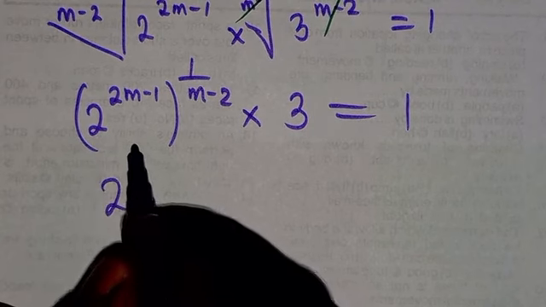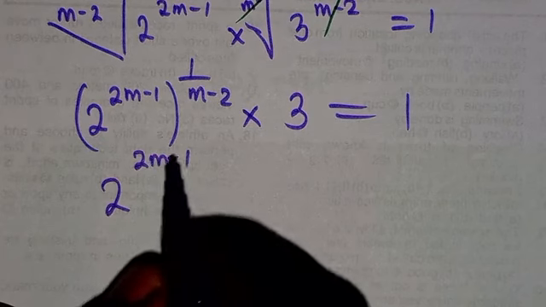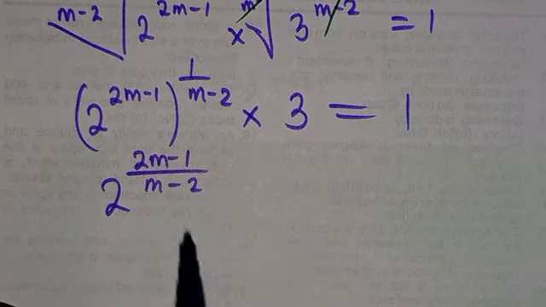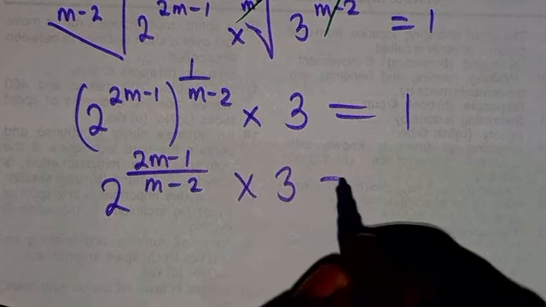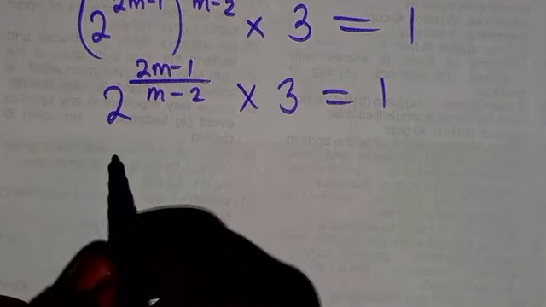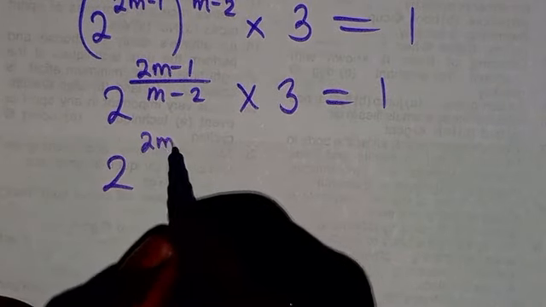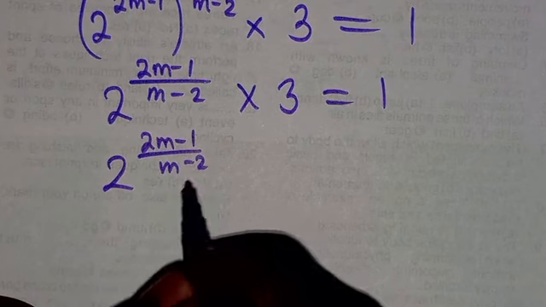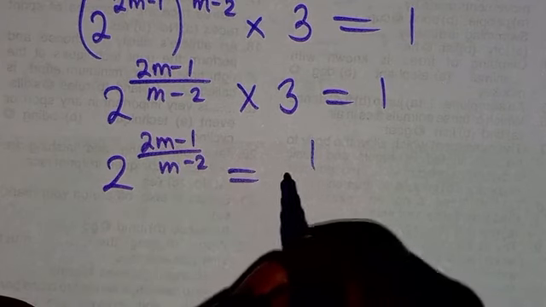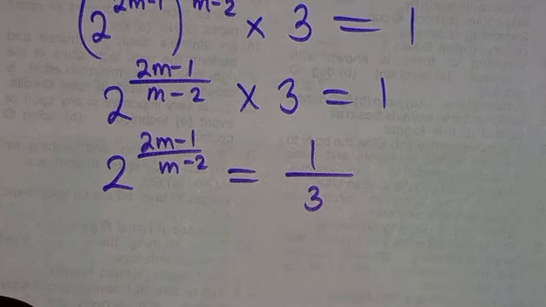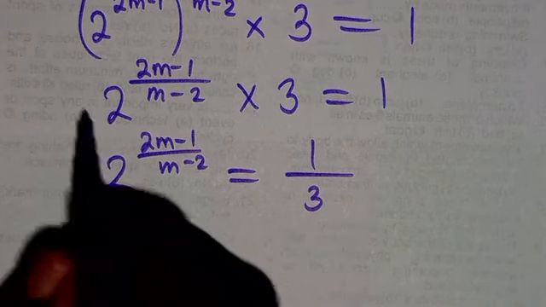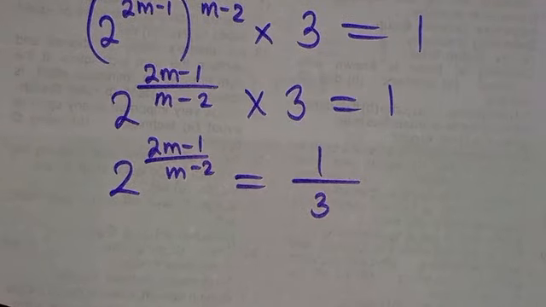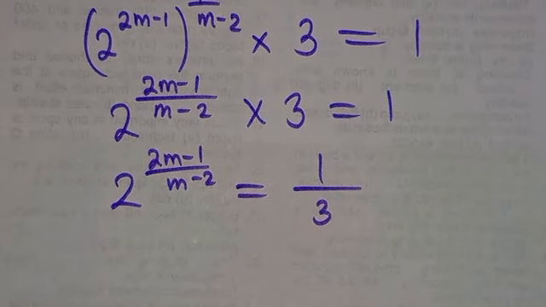You have 2 to the power (2m minus 1) over (m minus 2), then multiplied by 3 equals 1. So 2 to the power (2m minus 1) over (m minus 2) is going to be 1 over 3. When we divide both sides by 3, we're going to have this. This is our final answer.